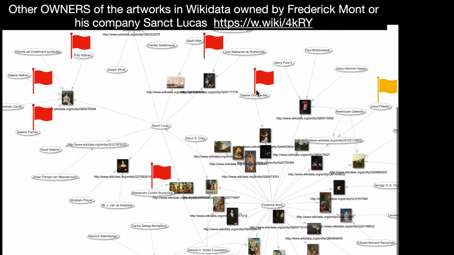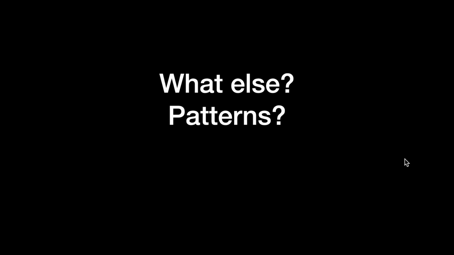And one of the things that Wikidata knows is whether or not they were red flag names. So Fritz Nathan is a red flag name. Gallery Fisher is a red flag name. Bonacossi, Charpentier, Adolf Hitler, of course. So we begin to see not just a mess of connections, but some useful information about the people and the connections. What else can we find?